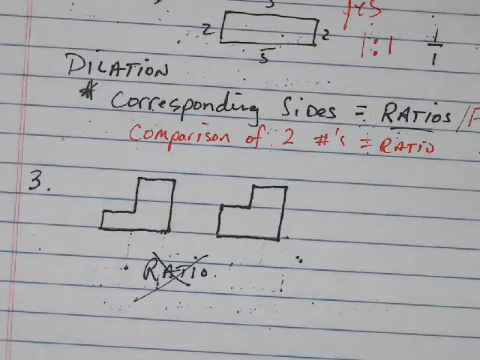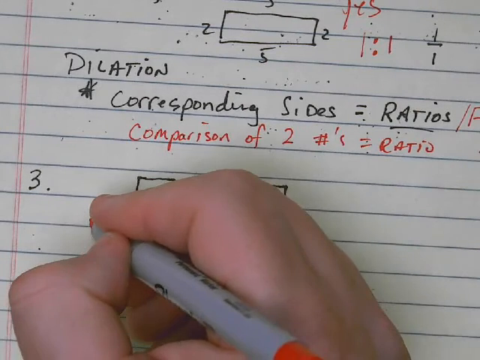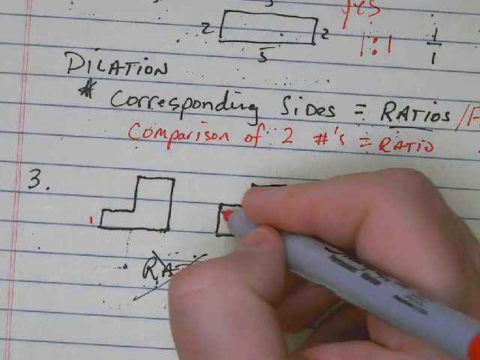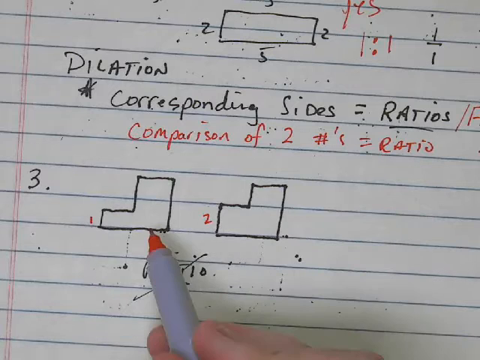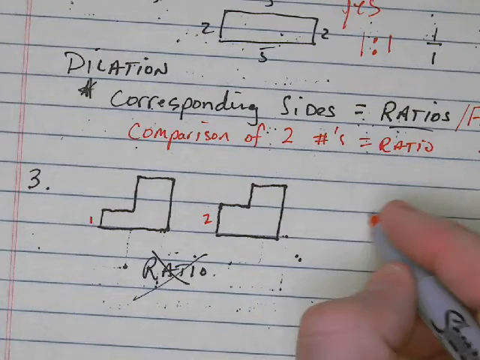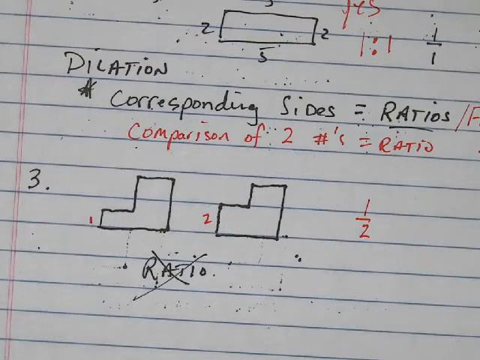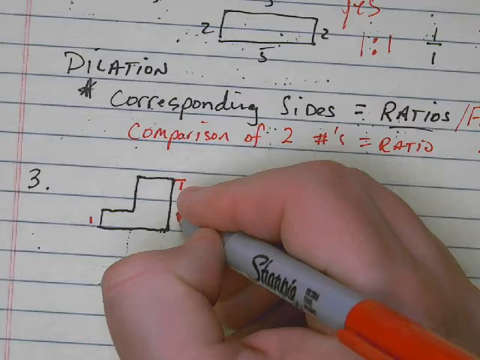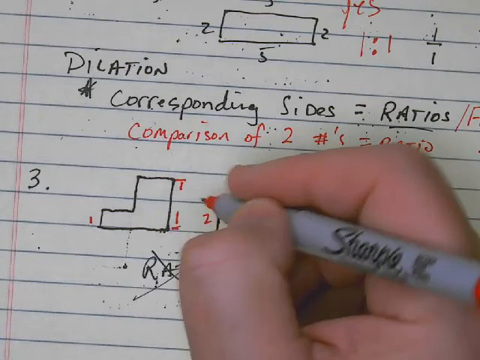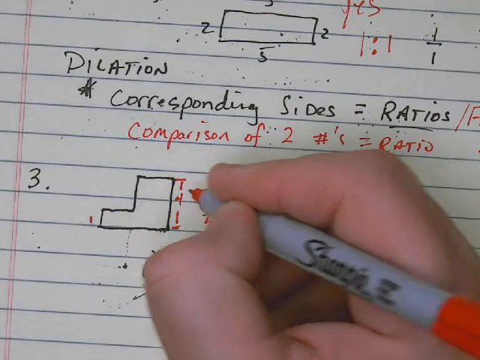If you look at this carefully, let's say that this has a length of 1, and then let's give this one a length of 2. And so those 2 sides would be in a ratio of 1 to 2. Now, I'm not getting a ruler out and measuring it. I'm just saying that they're not the same. Whereas if I look at this one from here to there, let's say it's 4.